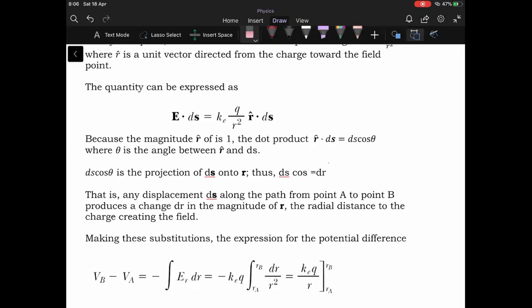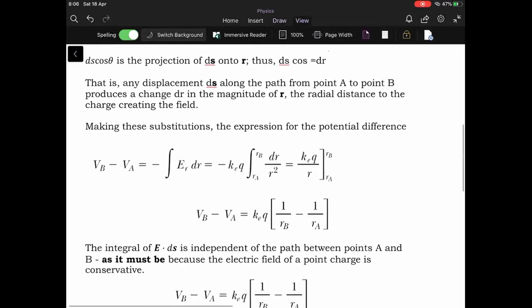And this is the radial distance at which the electric field is being produced. Now, when you substitute all those values, you will get E dr. What you are going to get is E_r dr, that means electric field times dr.